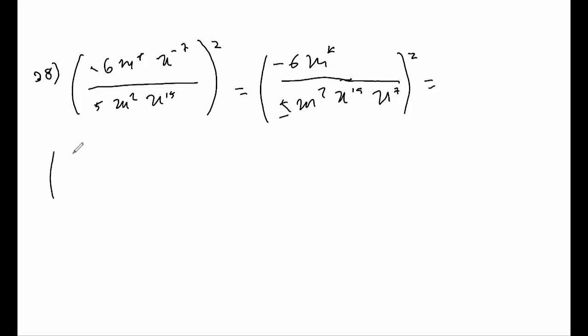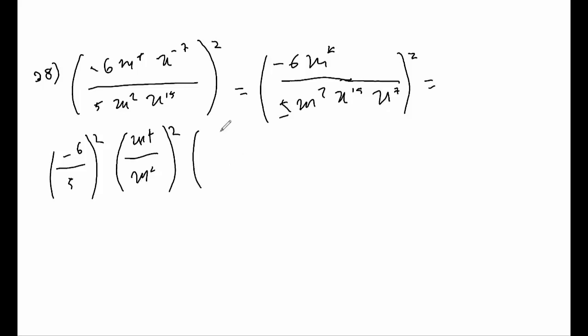So I'll put my numbers in my first bracket, negative 6 over 5 squared. And then I'll put my m's, m to the 4th over m squared, and I'll square that. And then finally, I'll put my n's, and remember, it's over 1 because this is on the bottom, and therefore there's a 1 over there, times 1, so that's going to be n to the 15, n to the 7th squared.